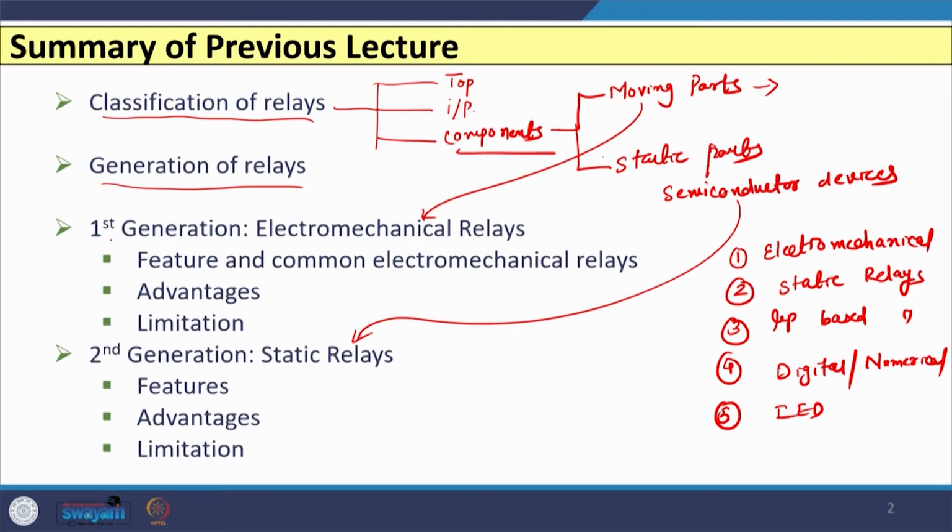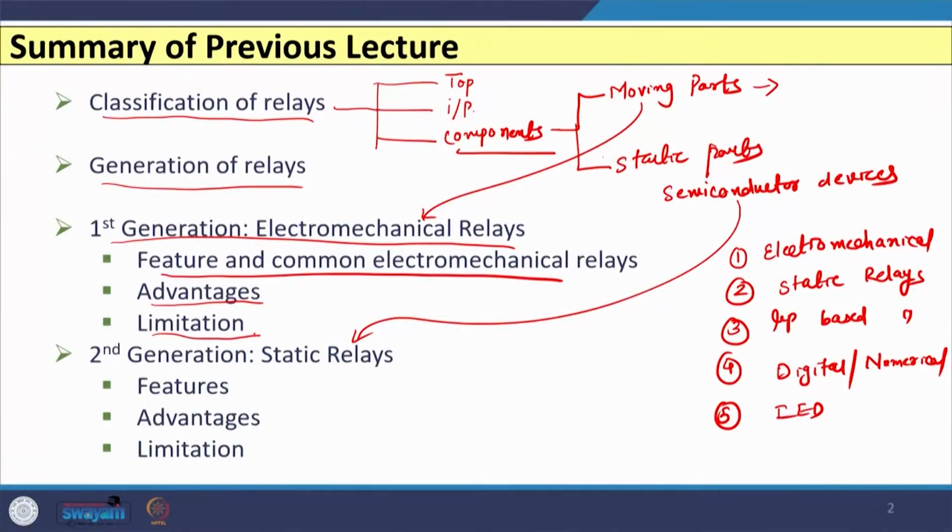After that we have discussed the first generation of relays, that is electromechanical relays, and in that we have discussed features and different electromechanical relays available in the market. We have also discussed the advantages of this relay, that they are very rugged and they are still used by the utilities because they are not affected by the switching surges and lightning surges which initiate or generate transients and spikes.